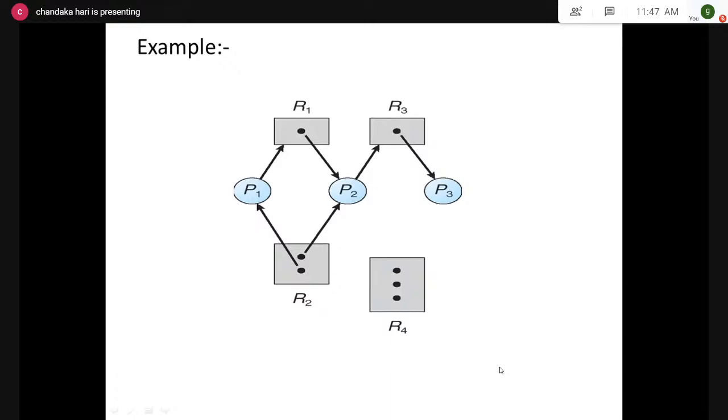Observe this diagram, everyone. There are three processes running in my computer system, P1, P2, P3, and there are four types of resources, R1, R2, R3, and R4.